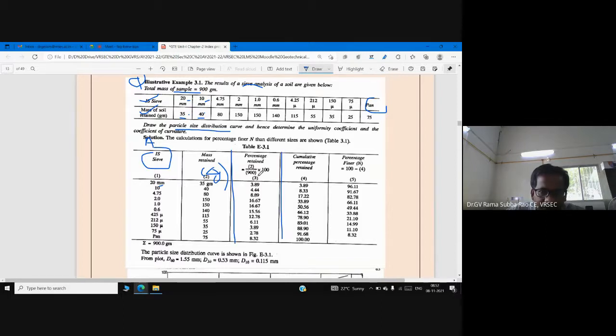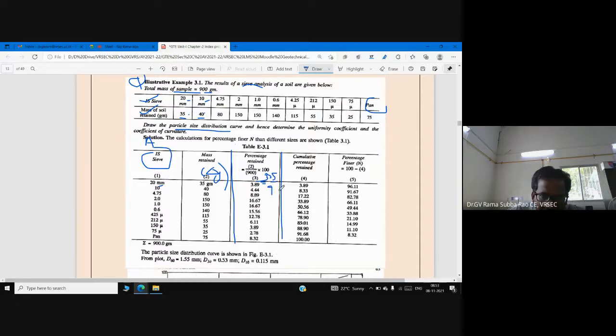Now I'm talking about the third column. This third column should be percentage retained. How to determine percentage retained? I will explain one model calculation. Mass of the soil retained, here it is 35. The total soil sample taken is 900.